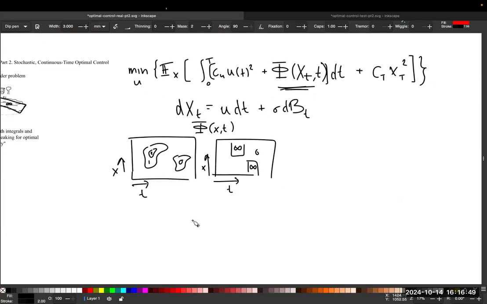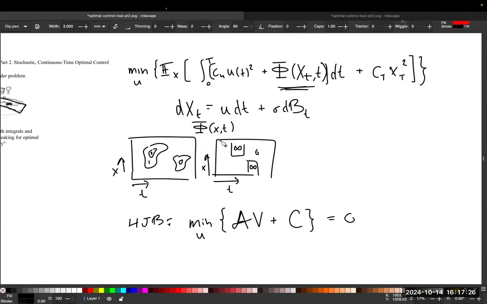So let's remember that the HJB is going to be taking the minimum over our control policy u of our infinitesimal generator, maybe I'll write it as cursive A, applied to V, which is our cost to go function, plus C, which is our control cost or our state dependent costs, and having this equal to 0.